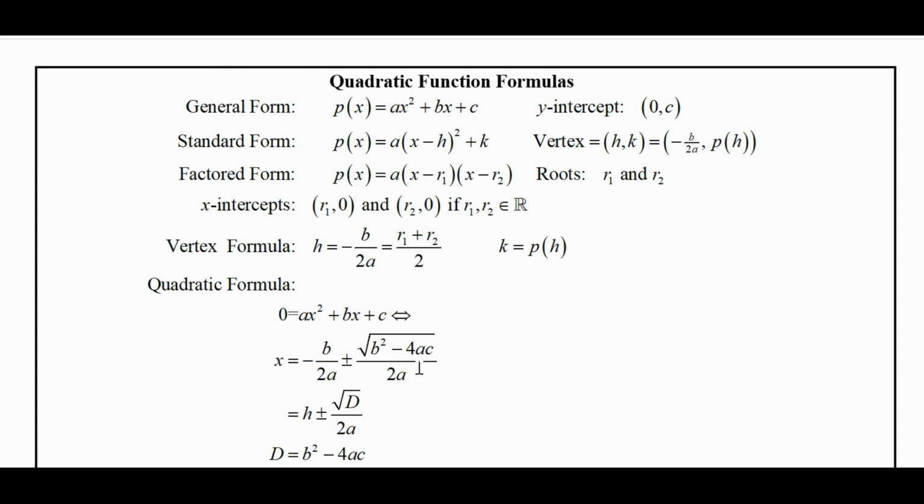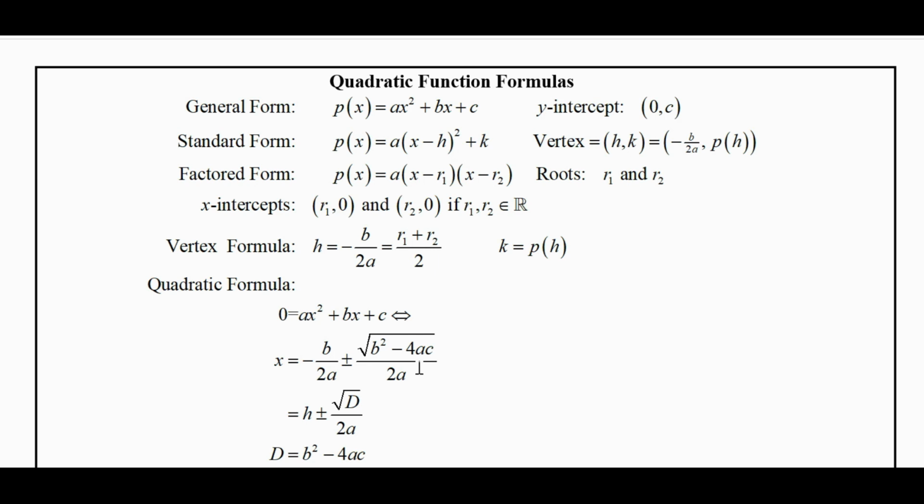The vertex is h, k, and h is minus b over 2a, comma, whatever p of h is. And the factored form is a times x minus root 1 times x minus root 2. If r1 and r2 are real numbers, then r1, 0 and r2, 0 will be the x-intercepts.